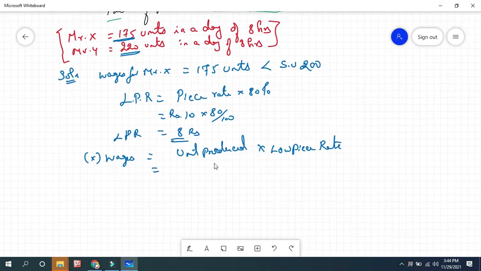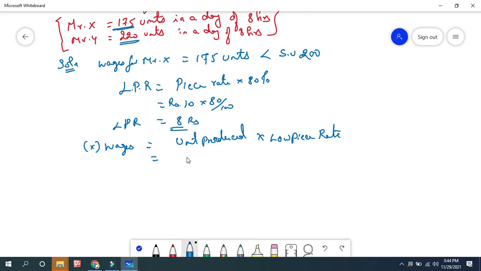Here the units produced is 175 units into low piece rate of 8 rupees. So wages of Mr. X is equal to 1400 rupees, right?